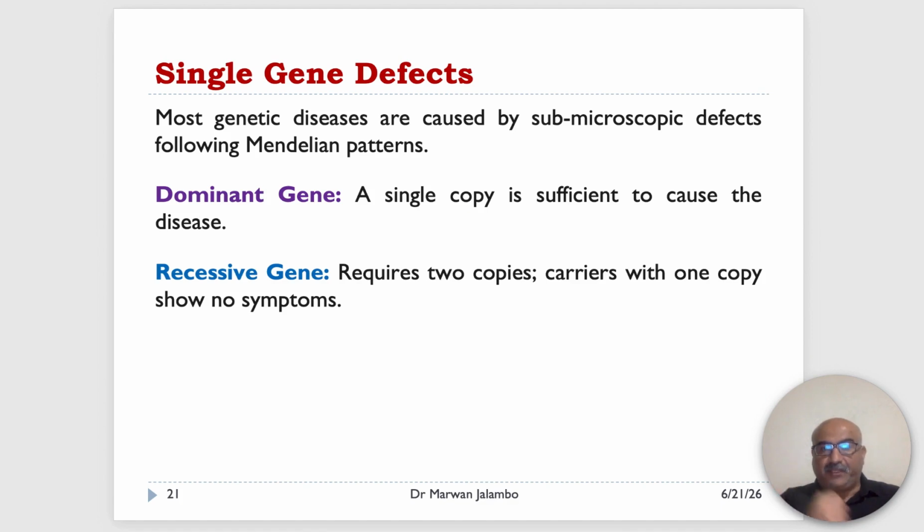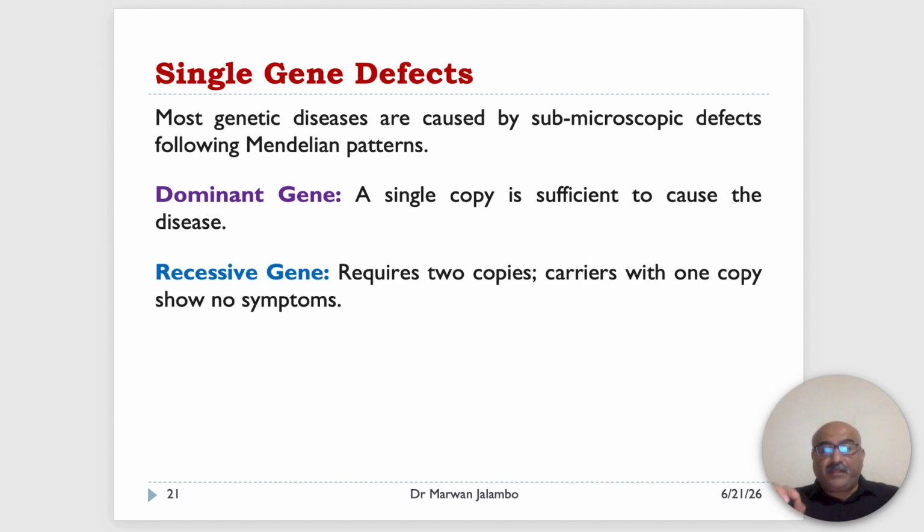Single gene defects. Most genetic diseases, however, don't involve a whole extra chromosome. They happen at a much smaller scale. The majority of inherited diseases are caused by submicroscopic defects in a single gene. These follow the rules of Mendelian genetics.